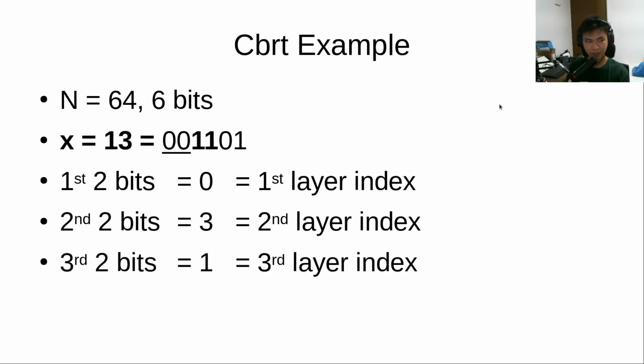If we now take a step further, bring up the cube root, I need to go back to n equals 64 again because that has a nice cube root, whereas 16 doesn't. If we look at the 6 bits, we split into 3 segments: the first third, second third, and third third. These 3 sections of 2 bits represent the different layers.